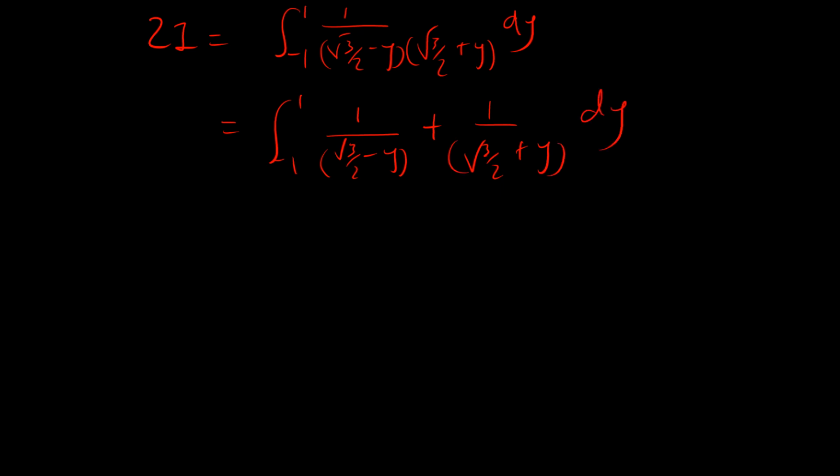So that when you multiply this becomes root 3 over 2 plus y plus root 3 over 2 minus y, and the y's cancel.